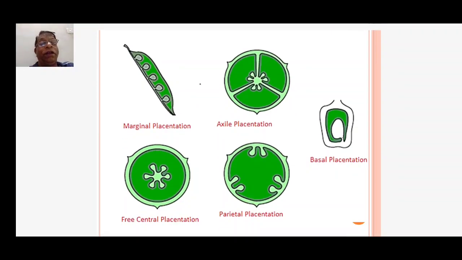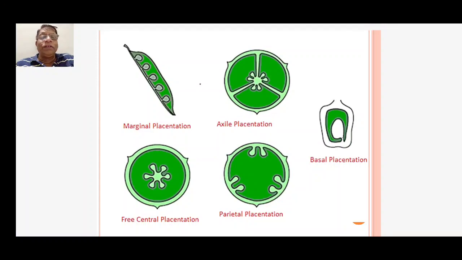Right. Now you can see the diagram. Marginal placentation, a beautiful diagram is there. Axial placentation. Here actually a tricarpellary, trilocular ovary is there. Ovules are attached to the central placenta.